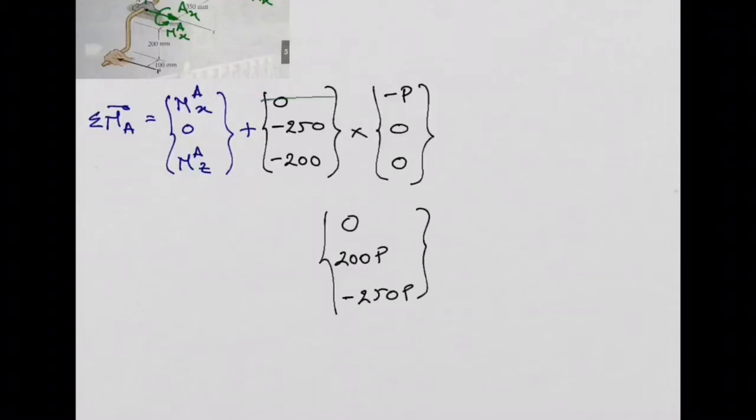Let's check this. X component, we do this cross product, right? Minus 250 times 0 minus 200 times 0, which is 0. Okay? Multiplying by 0 becomes 0, right? Y component now, we need to do minus 200 times minus p, which is 200p.